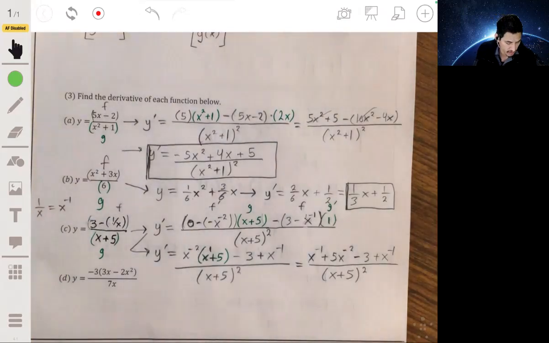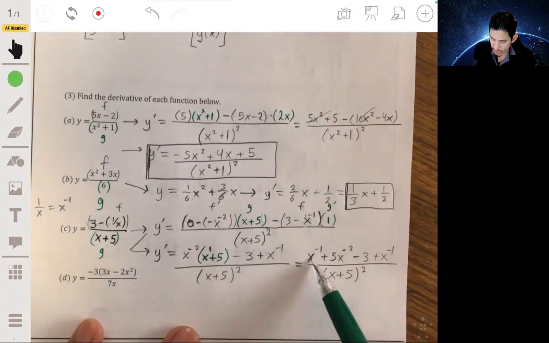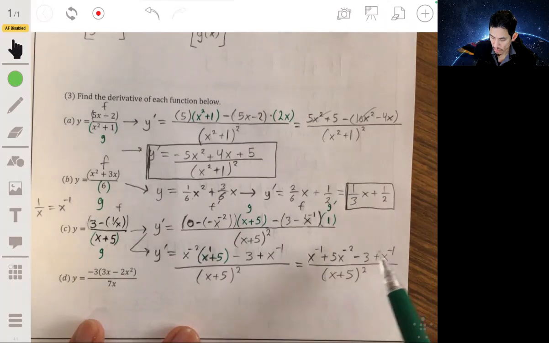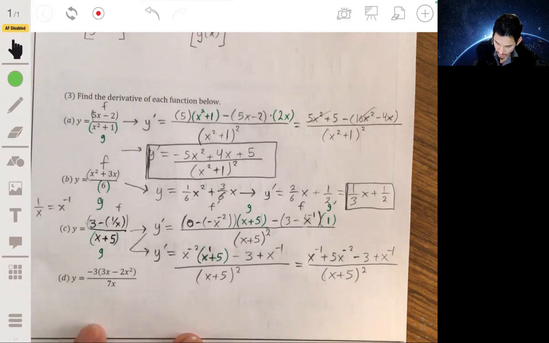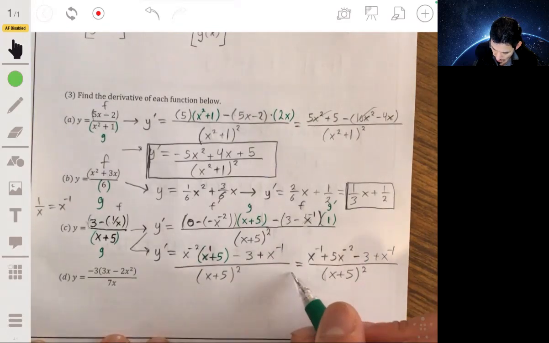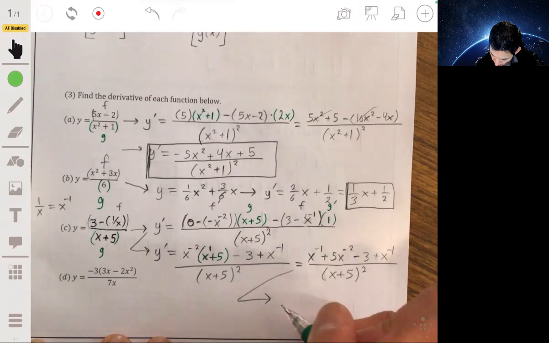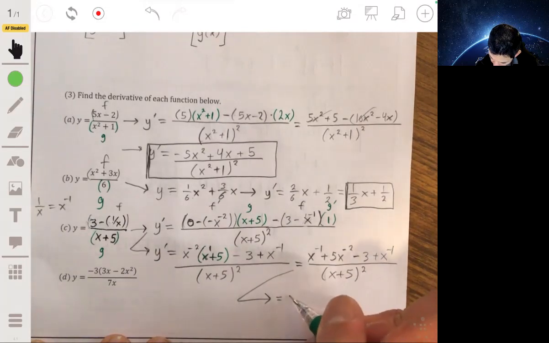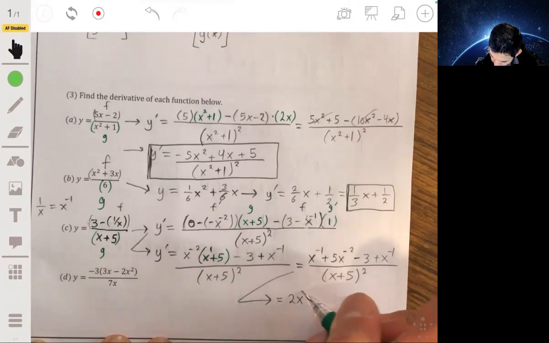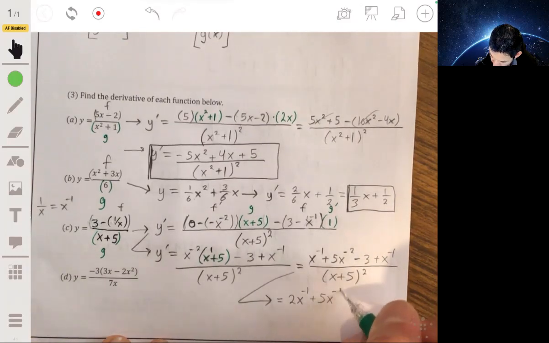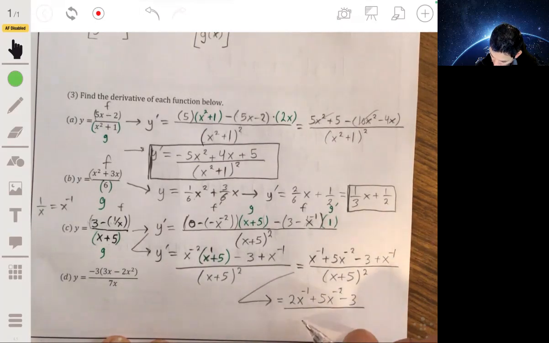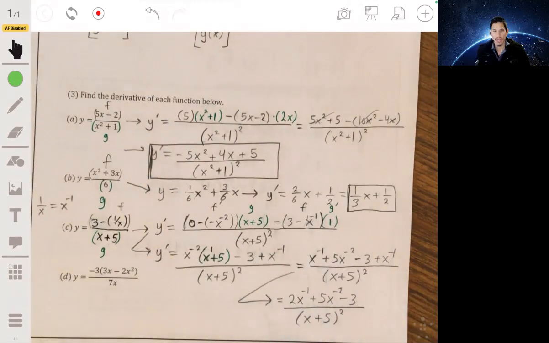And so then what you have left is basically 2x to negative 1 plus 5x to negative 2 minus 3, all over x plus 5 squared. And that's pretty much your answer.